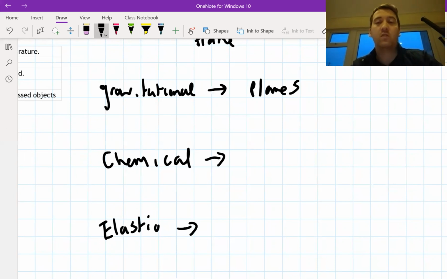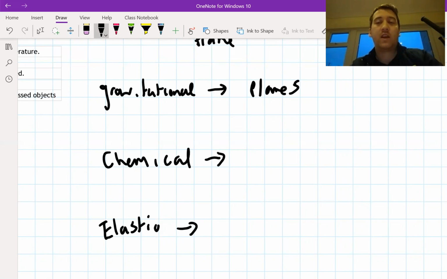Examples of food would be bread, pasta, rice, potatoes, all your carbohydrates would have a lot of energy in the chemical energy store. And fuels, things like coal, gas, wood, turf, all of those things would have energy in the chemical energy store.